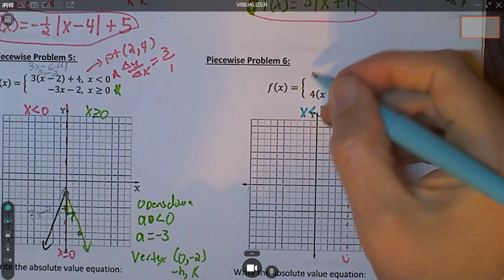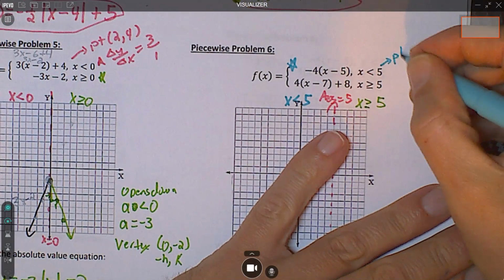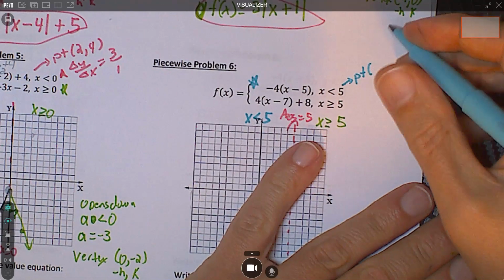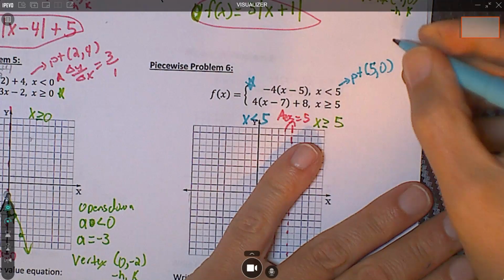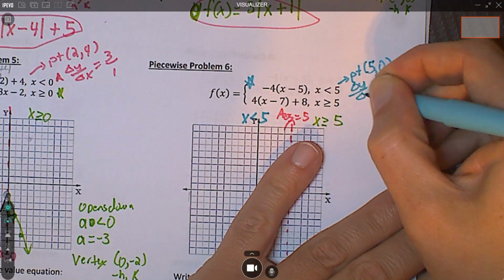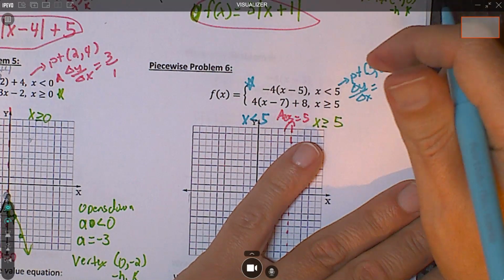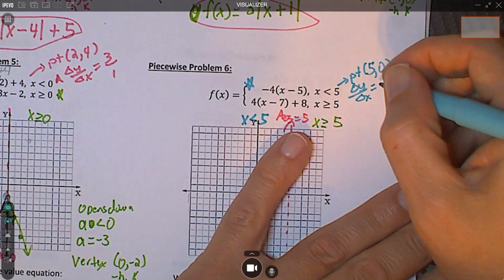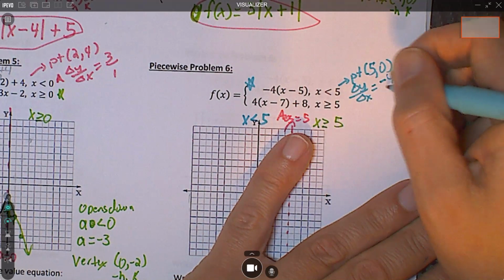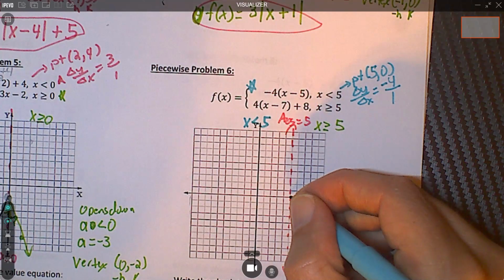Okay, this is gonna be my blue one. You couldn't find B because 28, B would be 20, and we don't go that far up. So 5, 0, it can't actually be 5.